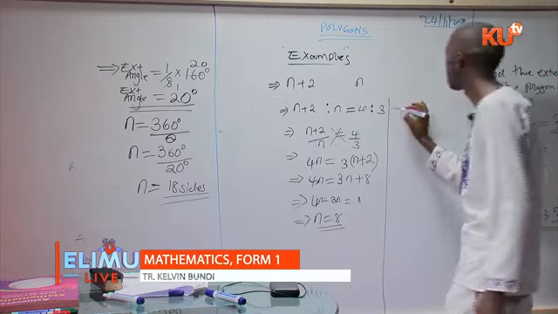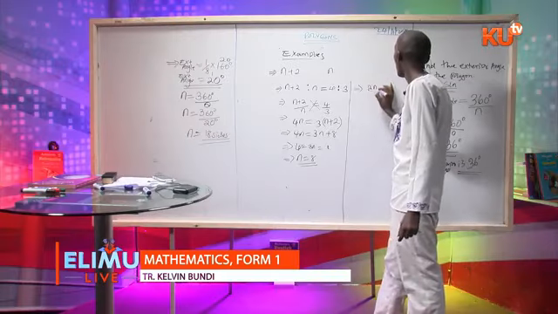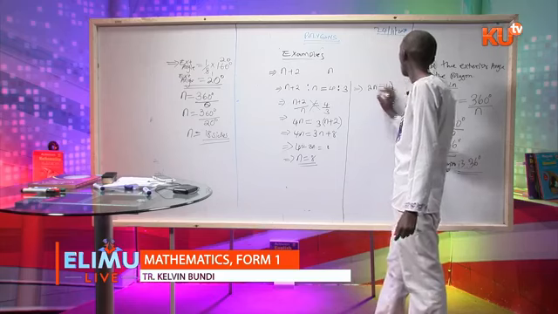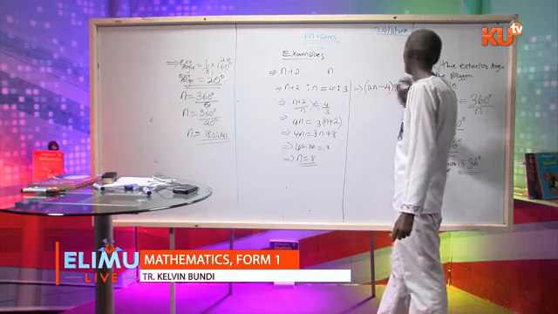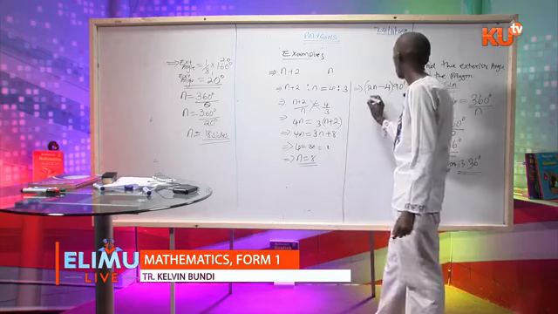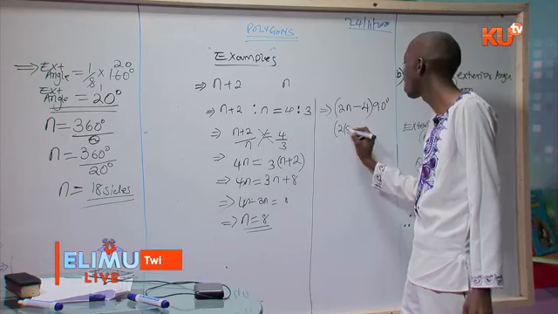The sum of the interior angles is given by 2n minus 4 multiplied by 90 degrees. Therefore, we have our n as 8.